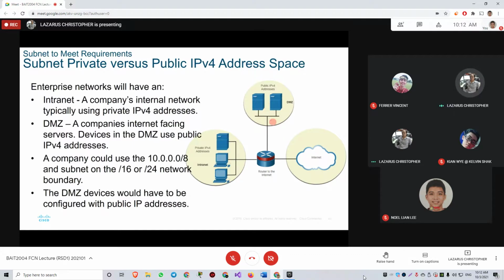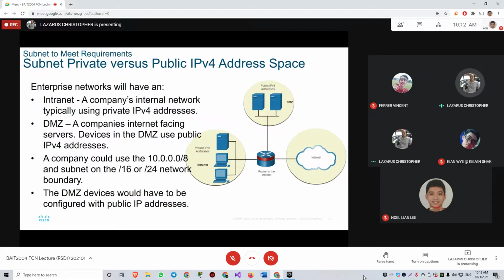In this way, because it's basically controlled by this router, you already block this part. They cannot access it. They can access here. All right.